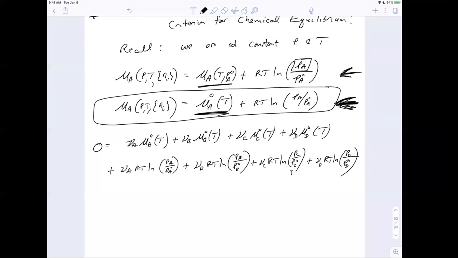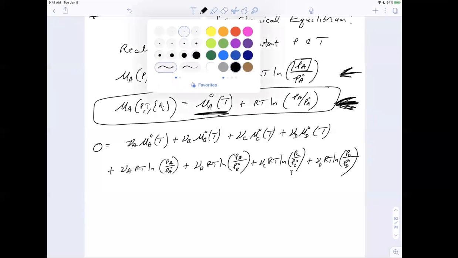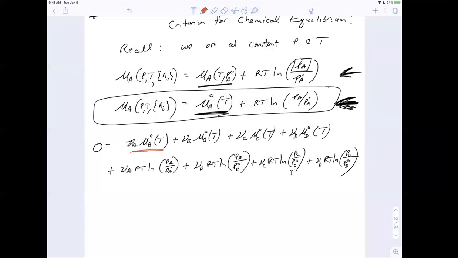Okay. So now we're going to lump the first four terms in that last expression, 1, 2, 3, 4, together. Okay, we're going to lump those guys together, and we're going to call that something called delta G superscript 0.